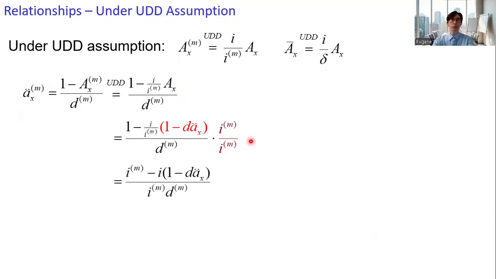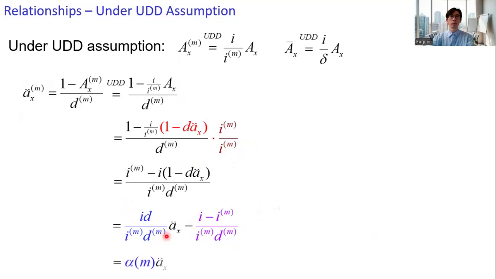Simplify the expression, and then we are going to isolate this expression into two terms. And we get a function times ä_x minus another function. The first function, i d over i^(m) d^(m), we denote as alpha(m), and the second function, we denote as beta(m).